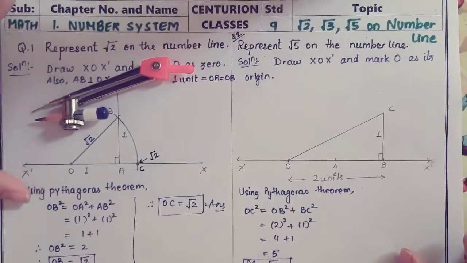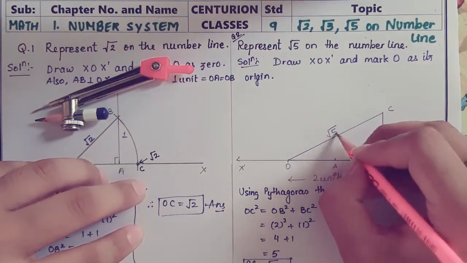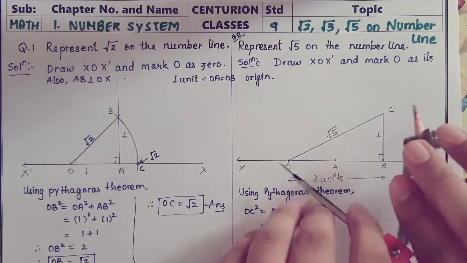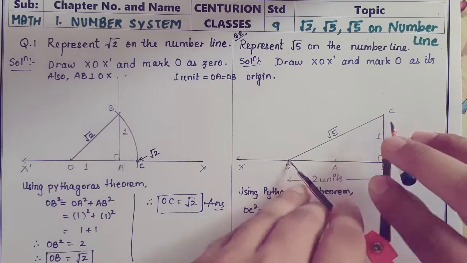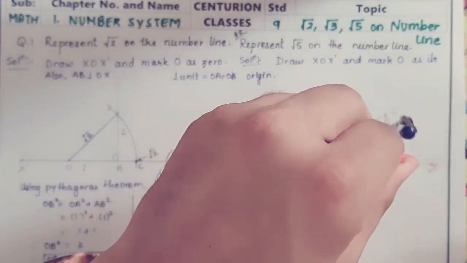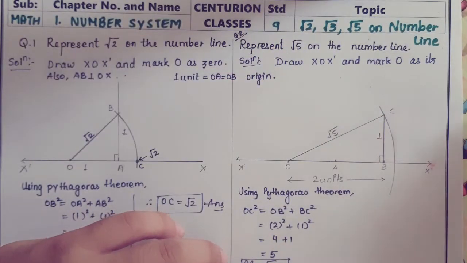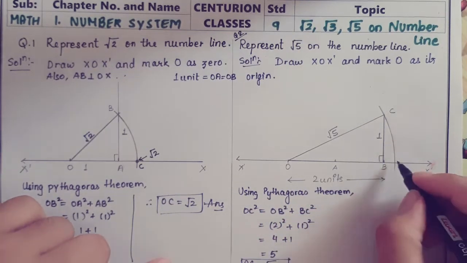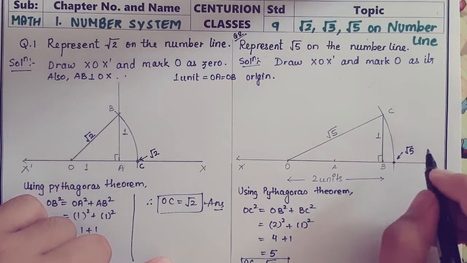Okay, so let us now draw the graph. This is root 5. Now we need to represent root 5 on the number line. So this point is root 5.